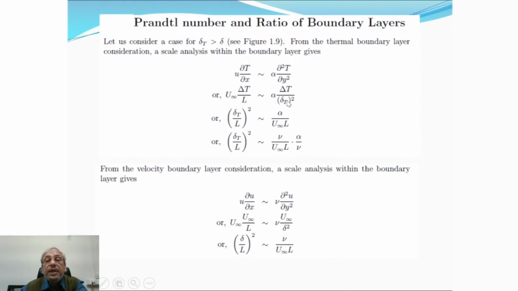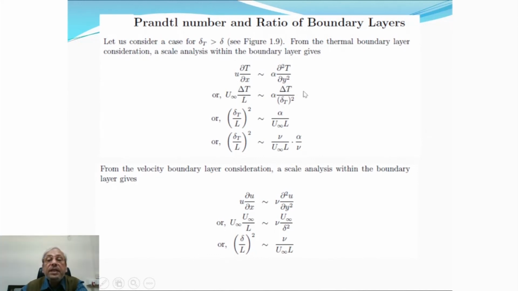So this is very simple, just changing the sign. Delta T by L square is given by alpha. This delta T is boundary layer thickness and this del T is temperature difference, the temperature difference across the boundary layer.